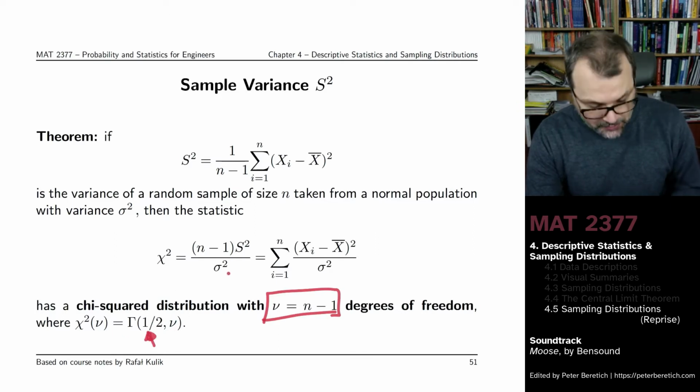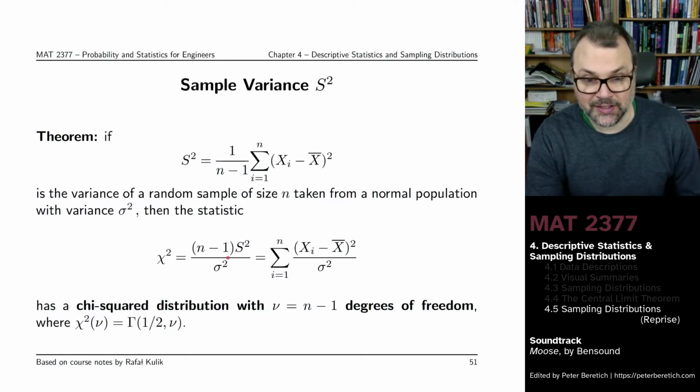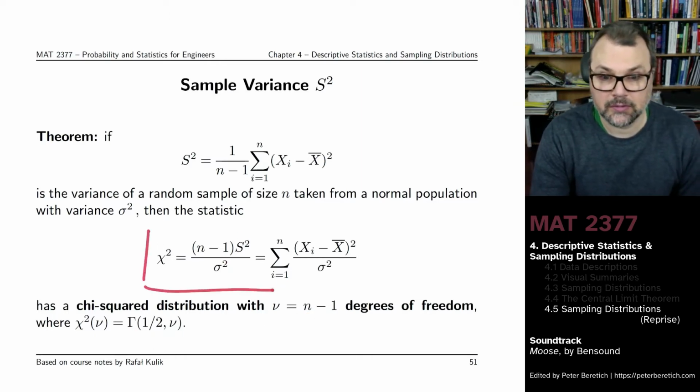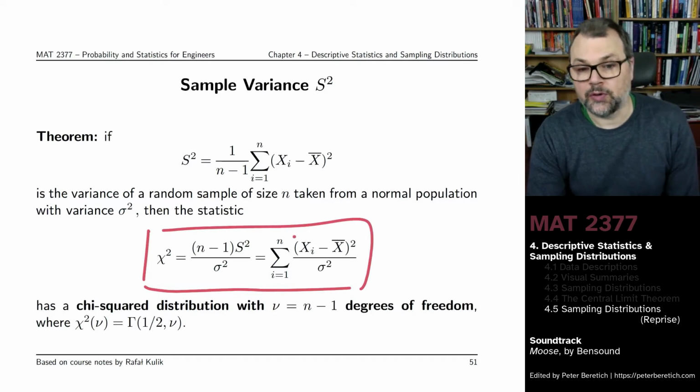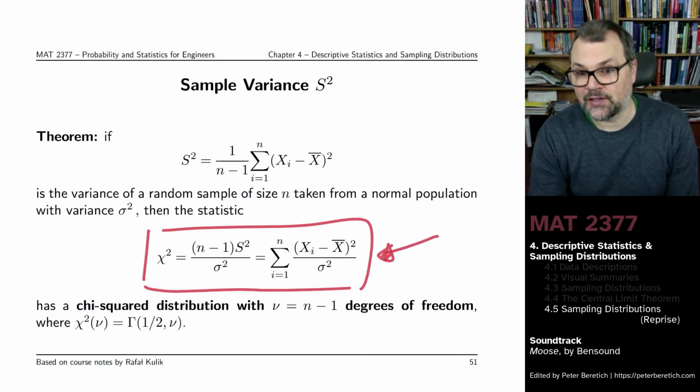You can expand the chi-squared statistic here. It is going to be the summation of the differences between the observation xi and the sample mean squared divided by the variance sigma squared. So this plays the role of the standardized quantity. This plays the role of z. Right?